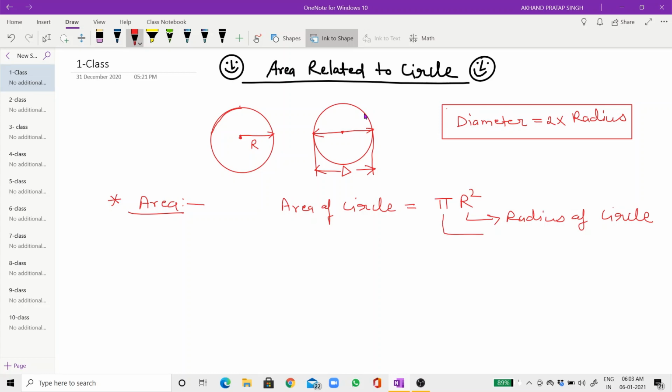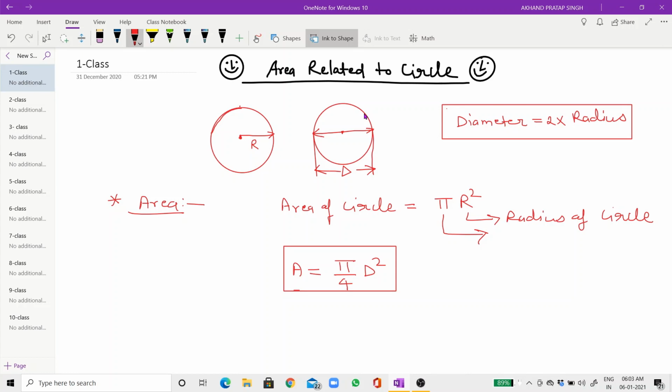And pi we will discuss later, what is pi. And if we write the formula of area of circle in terms of diameter, then we have to write pi by 4 d square. How will this formula come?